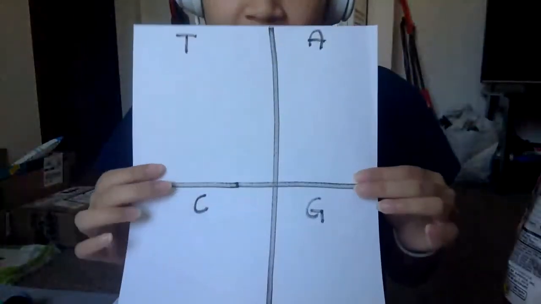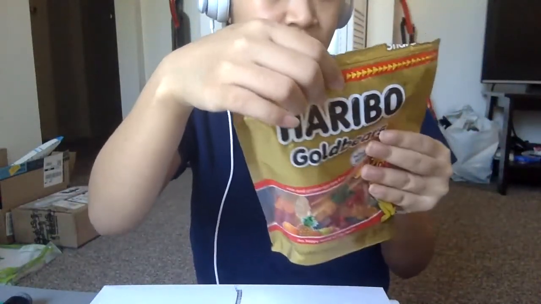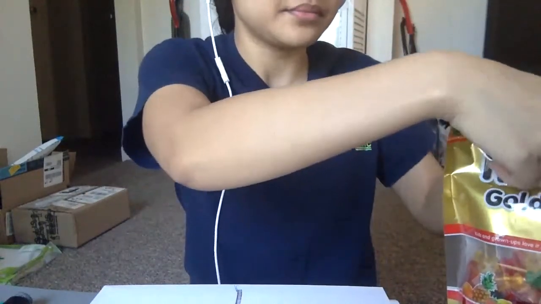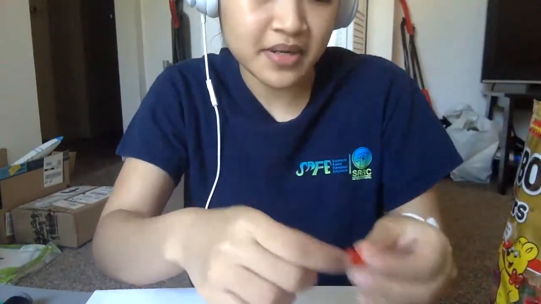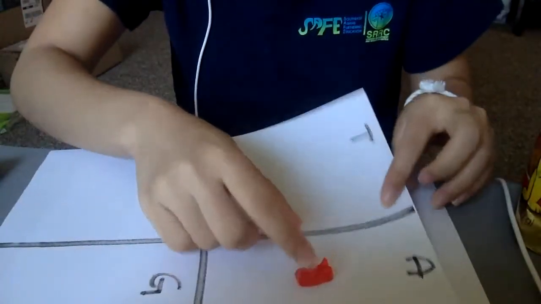After we have our piece of paper ready, go ahead and grab your gummies and pick a color for each nucleotide. This gummy bear pack has 5 different colors, so I'm going to use 4 of them because we have 4 nucleotides. I'm going to make adenine the red gummy bear and place it on your A square.